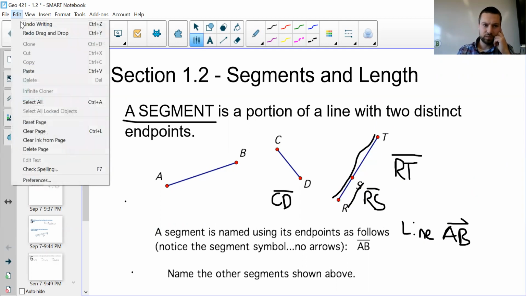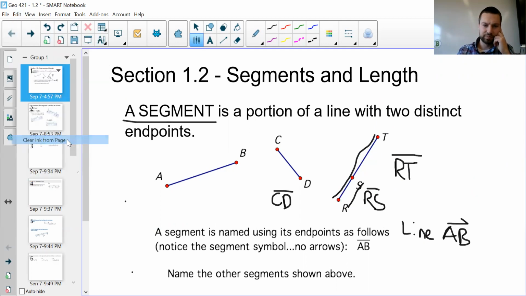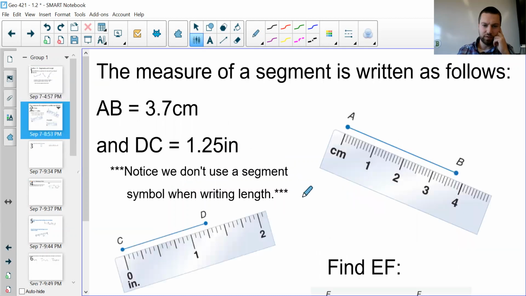All right, I'm going to clear this. We're moving on. Sorry, my face is in the way there. So the measure of a segment is written as follows: AB is equal to 3.7 centimeters. So this is centimeters: 1, 2, 3, and then 0.1, 0.2, 0.3, 0.4, 0.5, 0.6, 0.7.